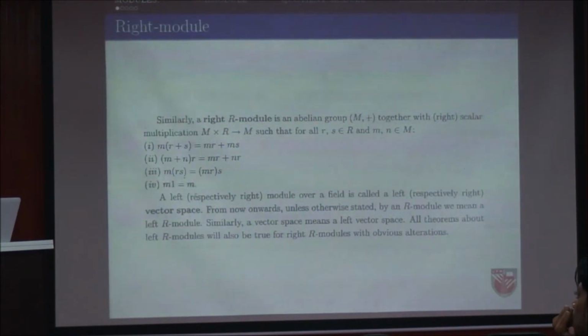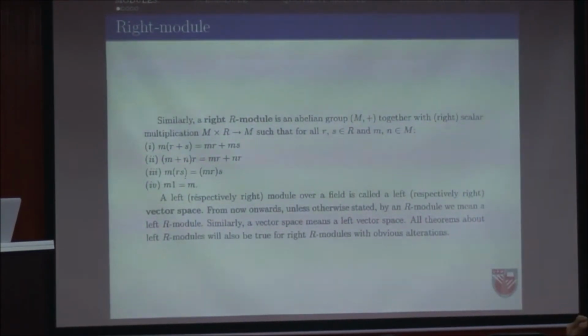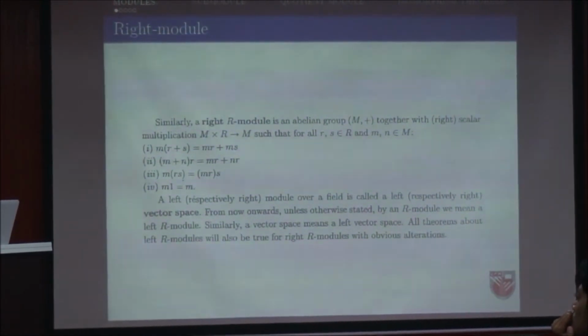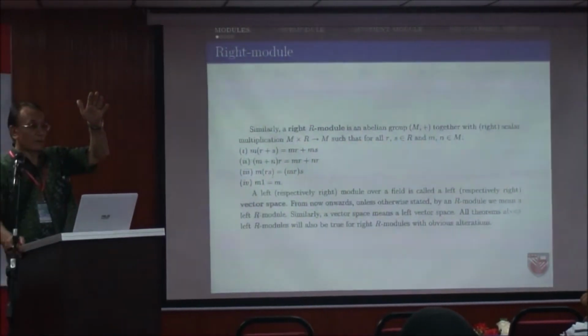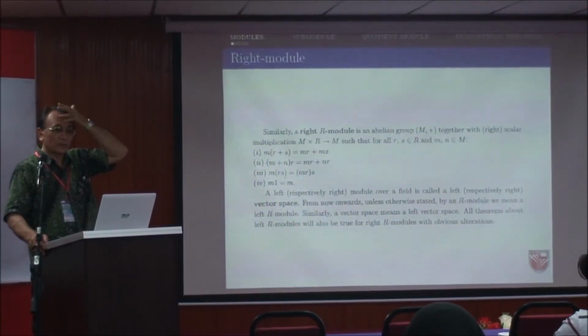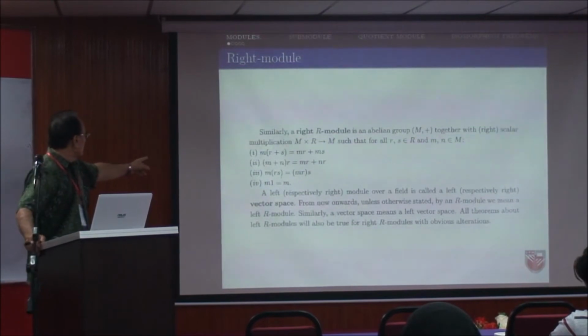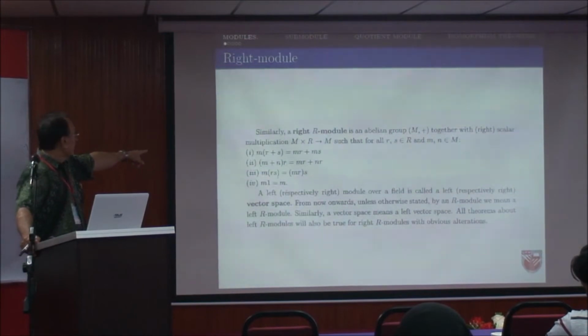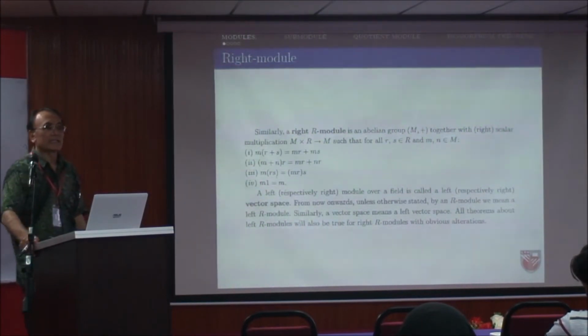Now if your R is a field, then it is easy to see these axioms are exactly the axioms of a vector space. So that's why an R-module where R is a field is a vector space. How many axioms? There will be five axioms of an abelian group, then the function is number 6, then plus 4, so altogether 10 axioms.